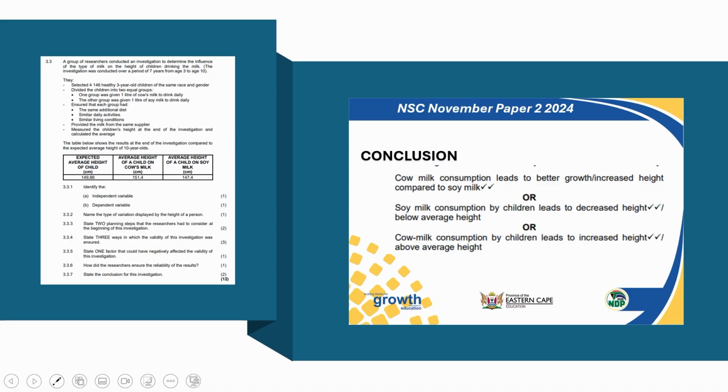Okay, so our conclusion, we may say in different ways. The first way we can say our conclusion is cow's milk consumption leads to better growth or increased height compared to soya milk. You also may say soya milk consumption by children leads to decreased height or below average height. Or cow's milk consumption by children leads to increased height or above average height.